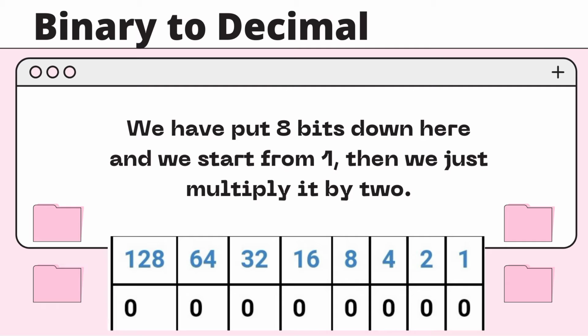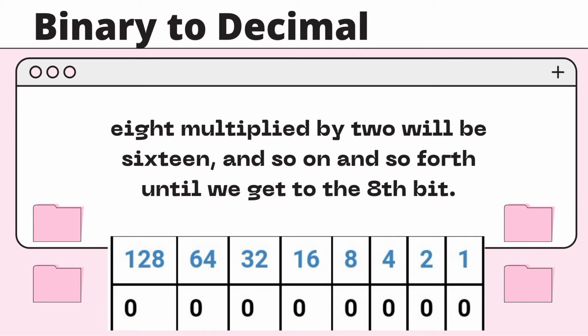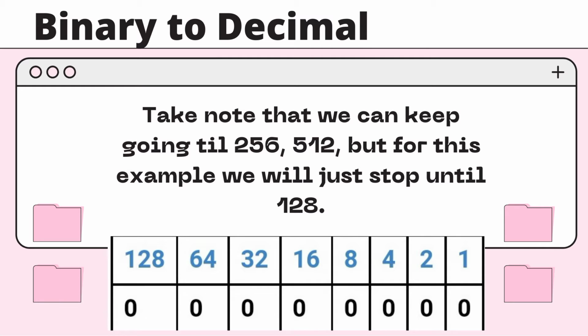Then we just multiply it by 2. 2 multiplied by 2 will be 4. 4 multiplied by 2 will be 8. 8 multiplied by 2 will be 16, and so on and so forth until we get to the 8th bit. Take note that we can keep going till 256 and 512, but for this example, we will just stop at 128.